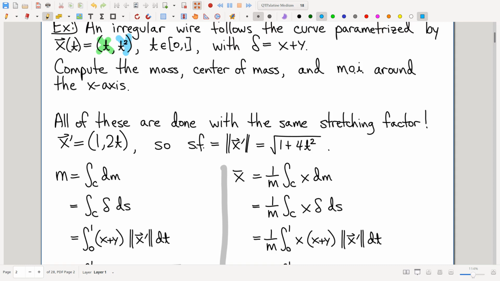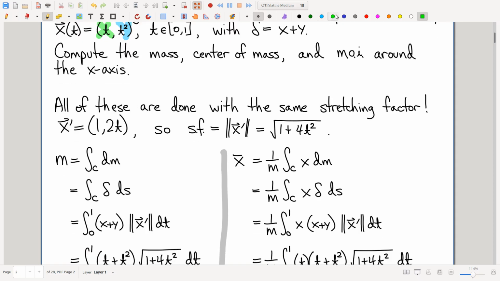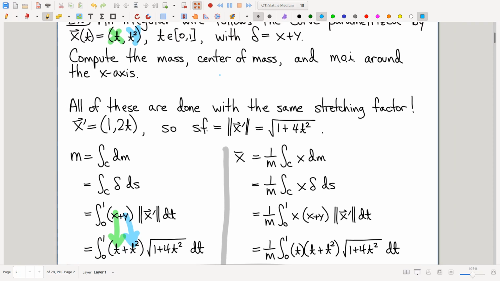It is literally giving us position in the xy plane as a function of time as we trace out how this wire is sitting in the plane. So given the parameterization, we have explicit formulas for x and y. So x is t and y is t squared. Everybody on board with that?